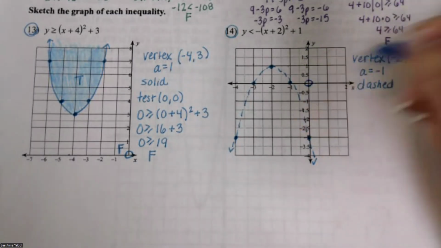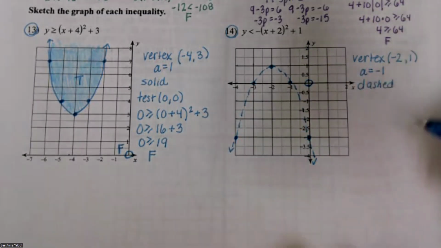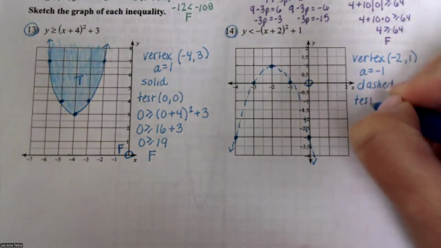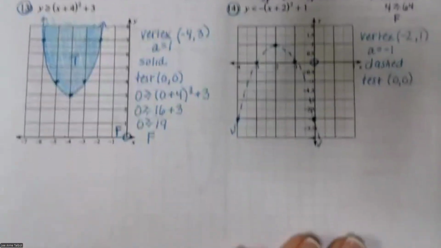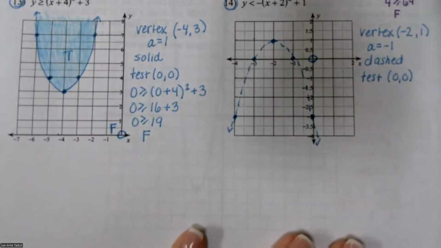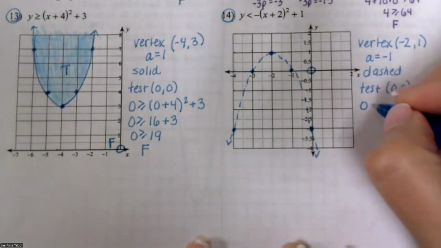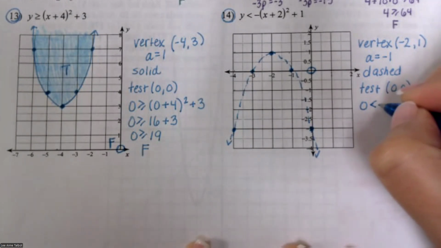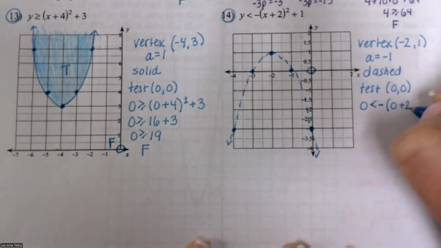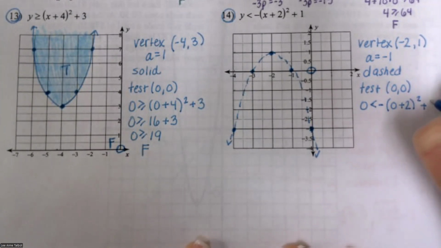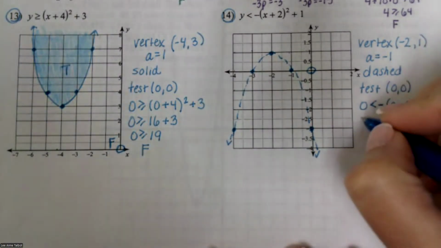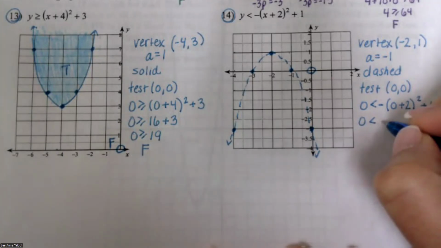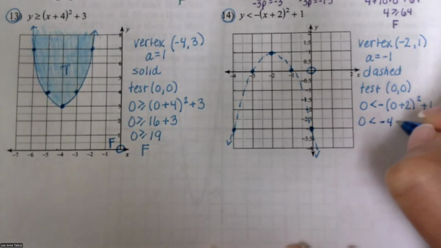Okay, 0, 0 seems to be here. Zero is less than -0 plus 2 squared plus 1. 0 is less than -4 plus 1.